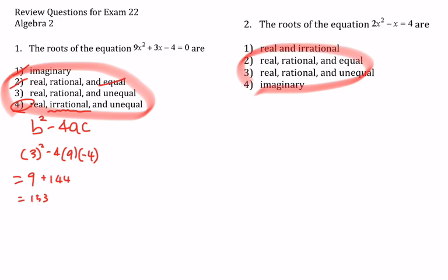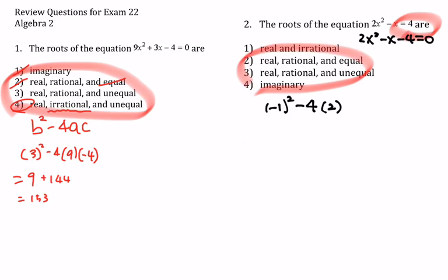Similarly, number 2, we want to do the b squared, that means negative 1 squared, minus 4 times a, which is equal to 2. But how about c? When you try to look for c, notice that in this case the equation is not set equal to 0. So we're going to subtract 4 from both sides and set the equation equal to 0.